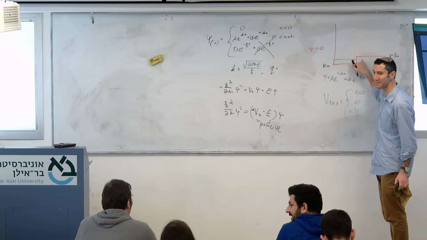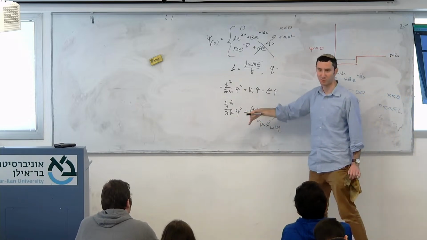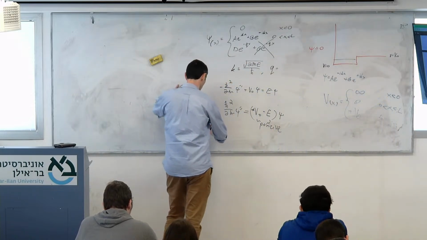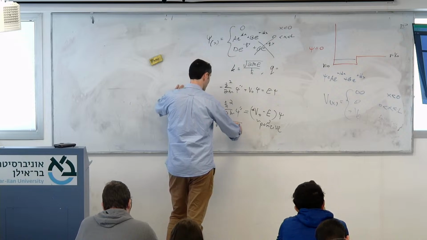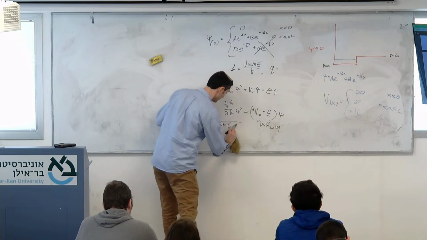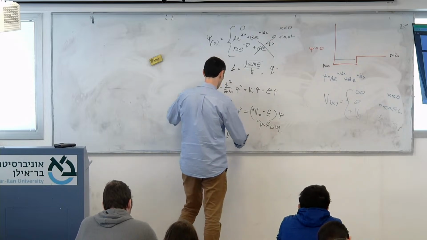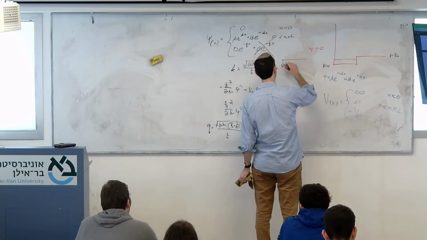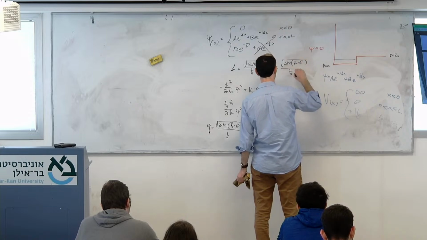Of course. Are you positive? I'm always positive. Good. So if this is positive, my answer is, of course, real exponents and not imaginary ones, where my q is going to be the square root of 2m times V naught minus E over h bar. So I'm going to write it here: 2m(V naught minus E) over h bar.